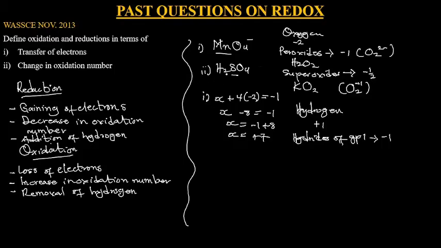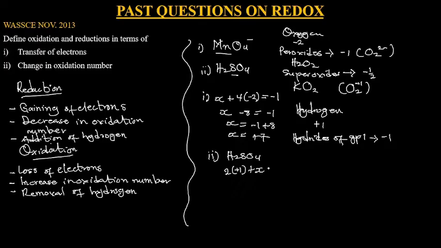Okay. Now, what about H2SO4? For H2SO4, we're interested in the oxidation state of sulfur. Hydrogen is always plus 1 in most cases. So over here too, it is plus 1. So we'll have two hydrogens each with plus 1. Okay. And then we have the sulfur, which we don't know.